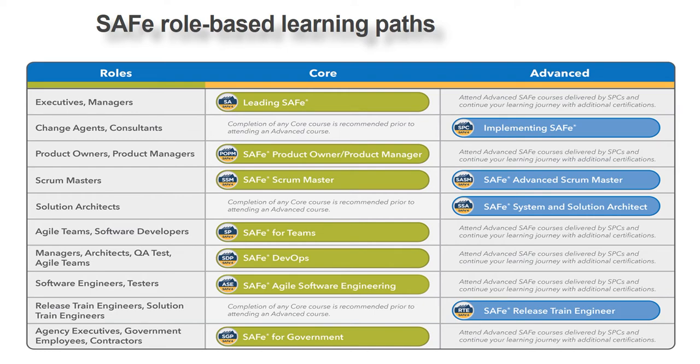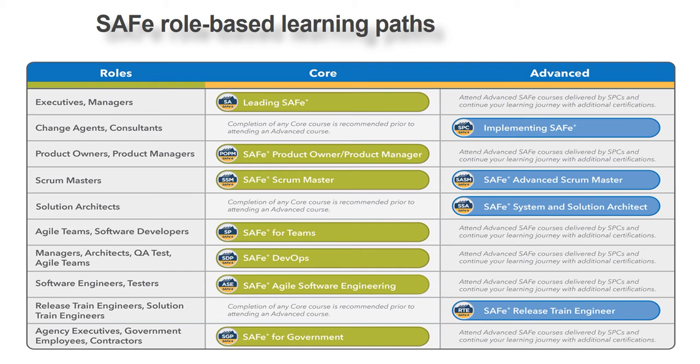And these are the certifications that are out there in the market right now. I believe around 11 to 12 certifications that you can do, SPC being the highest, and all other certifications for different roles: RTE, for teams, for the SAFe Agilist role, for DevOps, for government, and then agile software engineering.